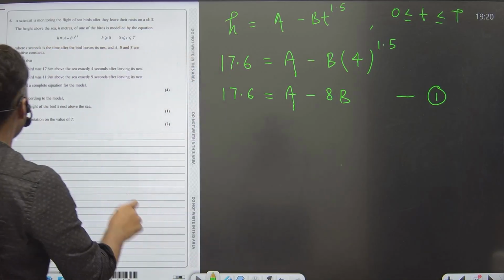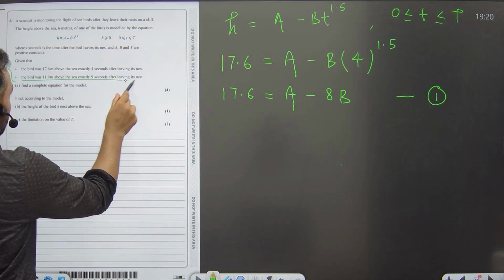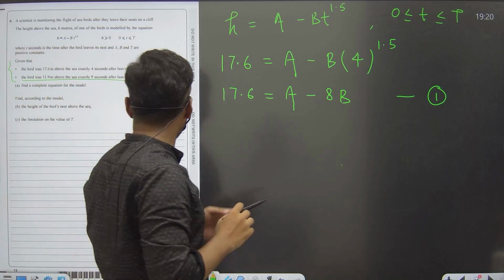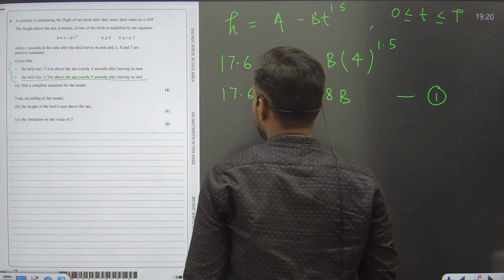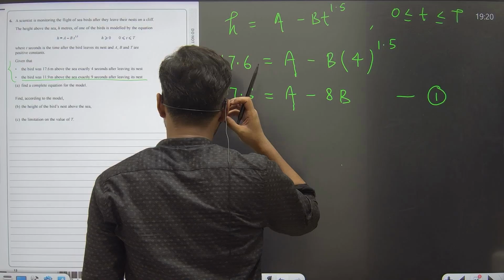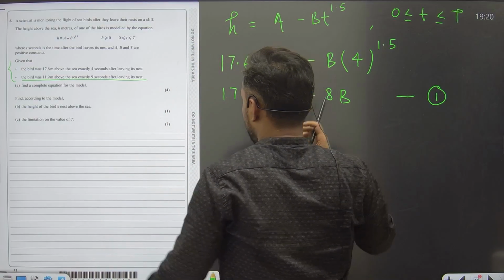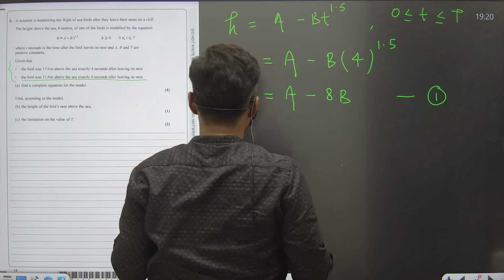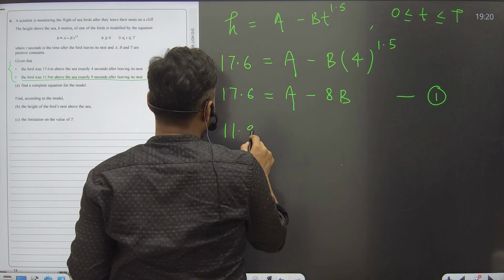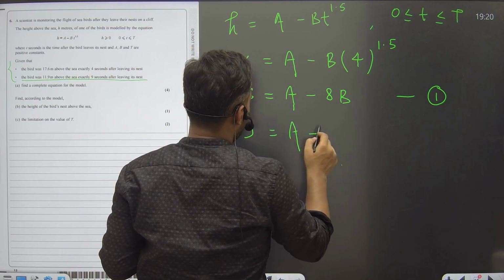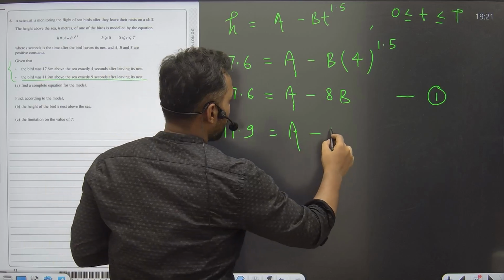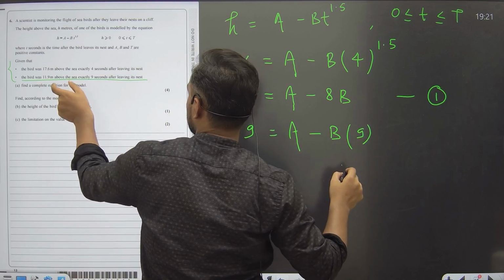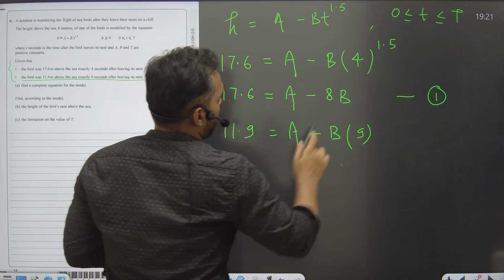Similarly, in the second equation, it is mentioned that the bird was 11.9 meters above the sea exactly 9 seconds after leaving its nest. After 9 seconds the bird was at a height of 11.9. So we plug in h equals 11.9 equals a minus b, and t will be 9 here, so it will be 9 to the power 1.5.